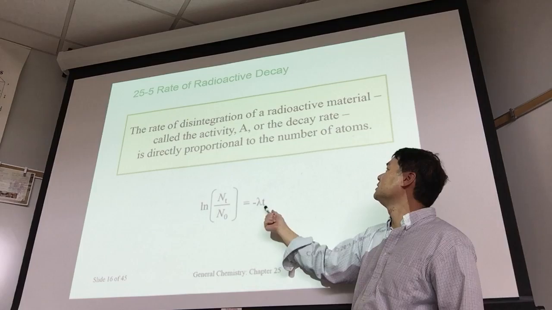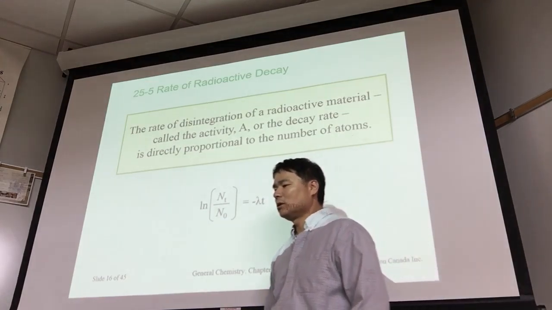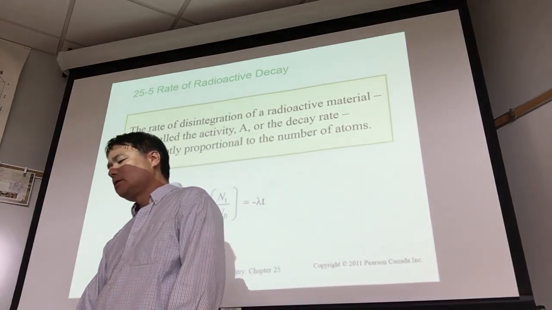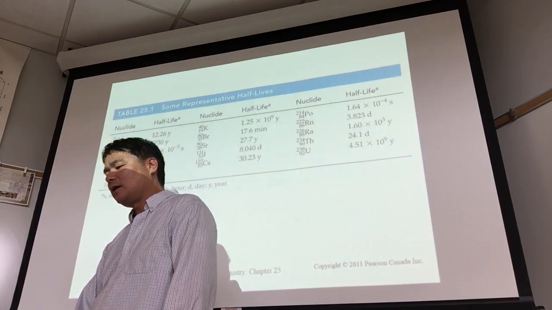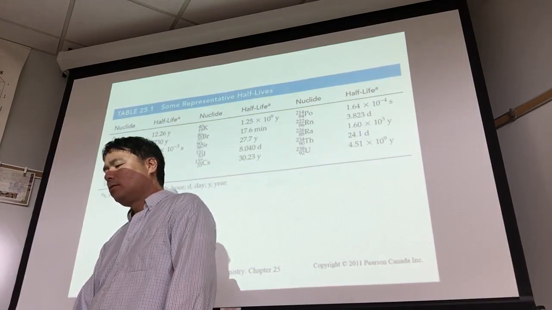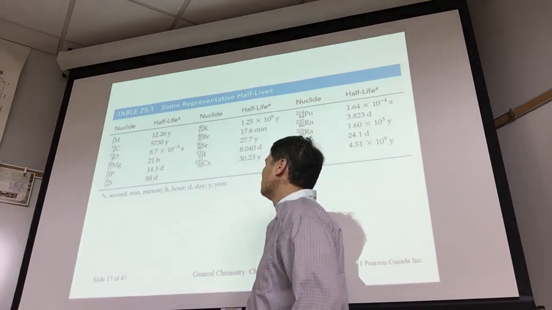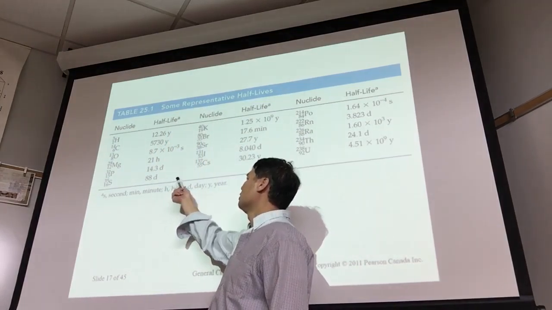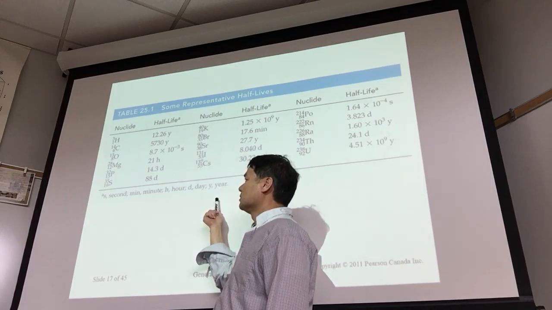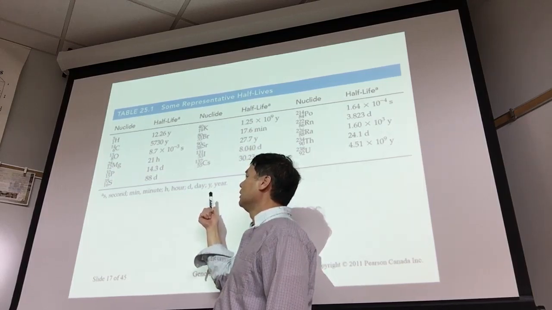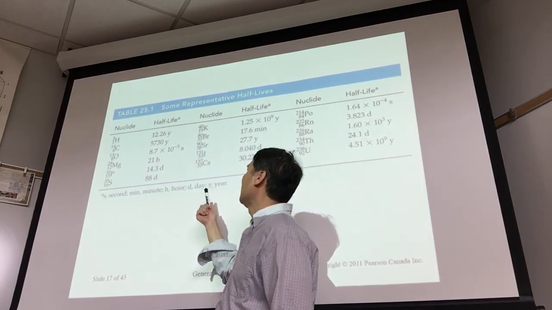This is first order kinetics, proportional to the number of atoms there. First order kinetics has a constant half-life, so it's much easier to talk in terms of half-life than in terms of rate constant, which would be 0.693 over the half-life.